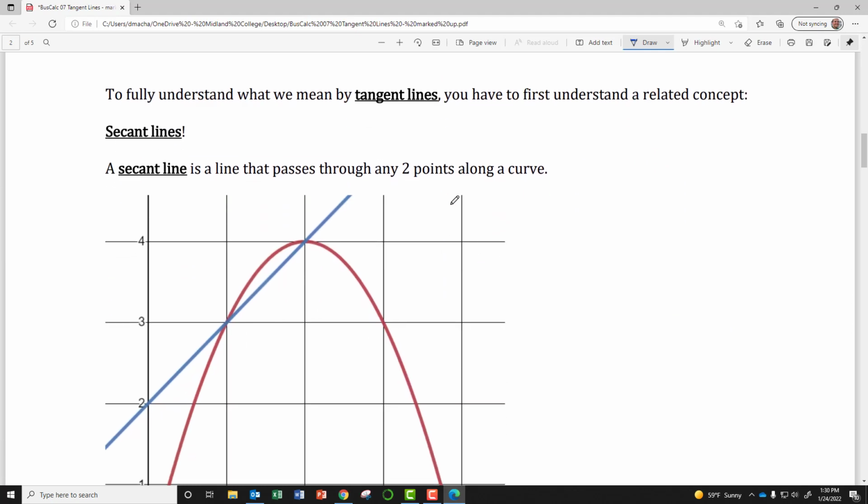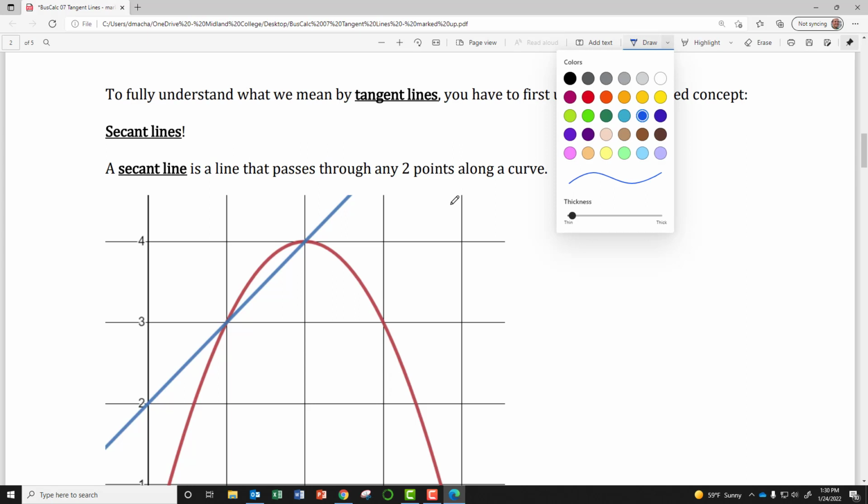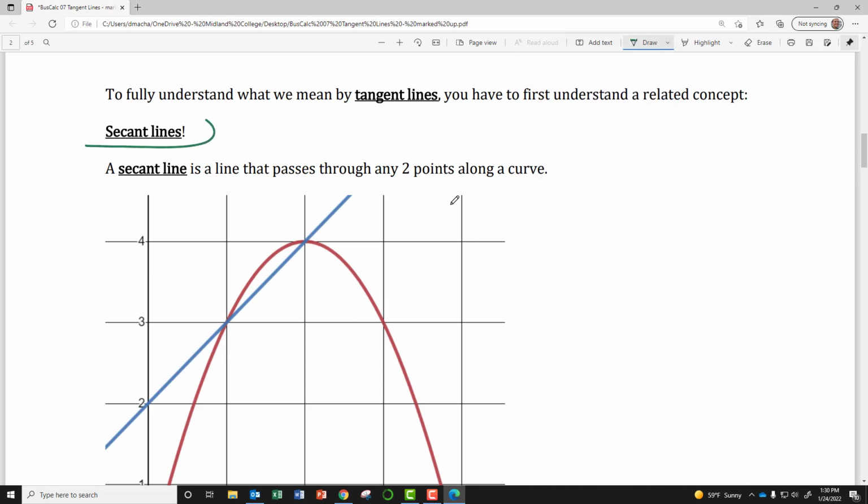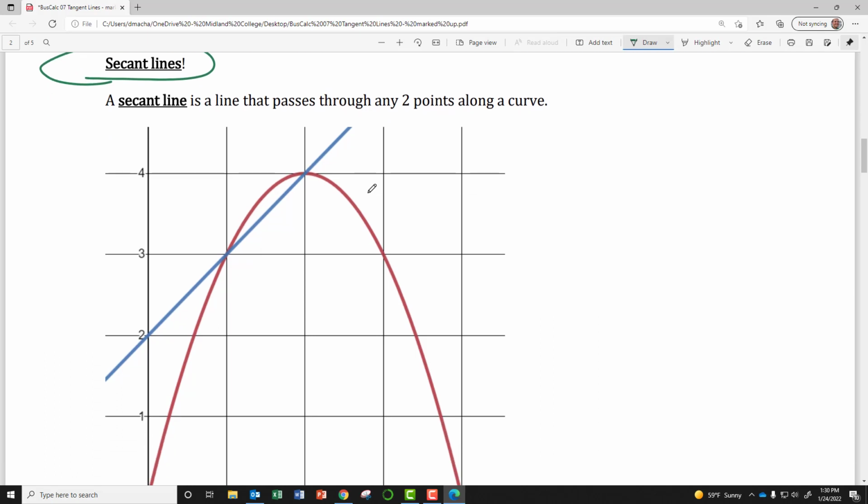Now, to fully understand what we mean by tangent lines, and to give you that more rigorous or more formal definition, we first have to talk about what we call secant lines. And a secant line is going to be a line that passes through any 2 points along a curve. So in this example, I have a red curve and a blue secant line.